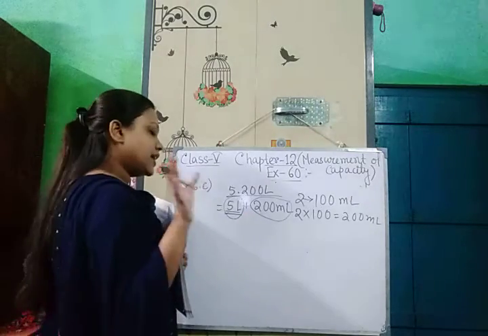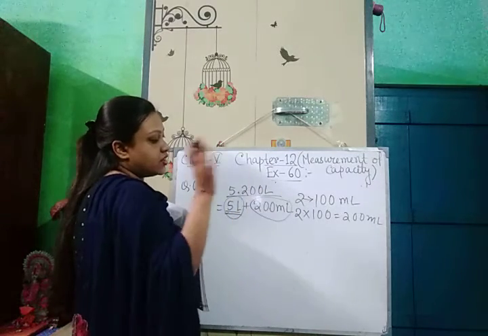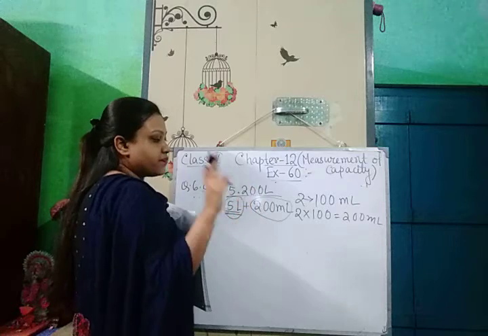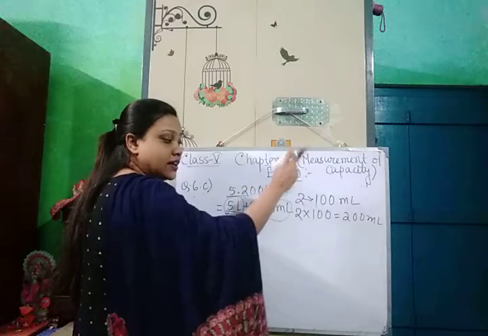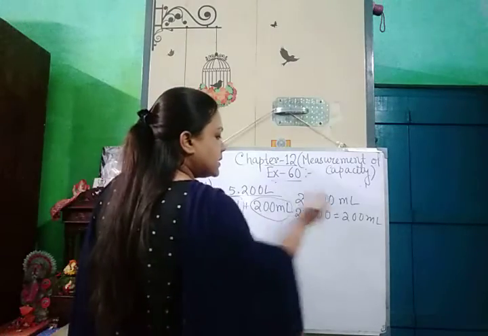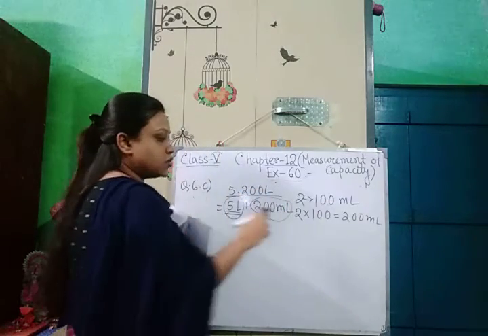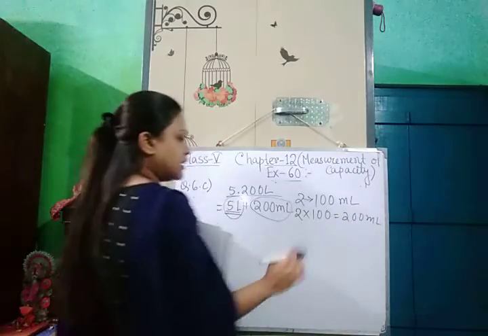You can see, again I am repeating. It's asked in the question how many 1 liter containers will be needed if we have already used two 100 ml containers. 100 ml container can measure only 100 ml, so two will measure 2 into 100, that is 200 ml.